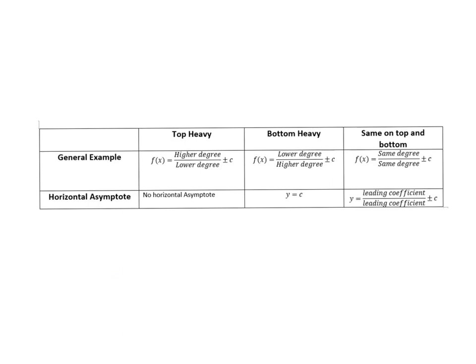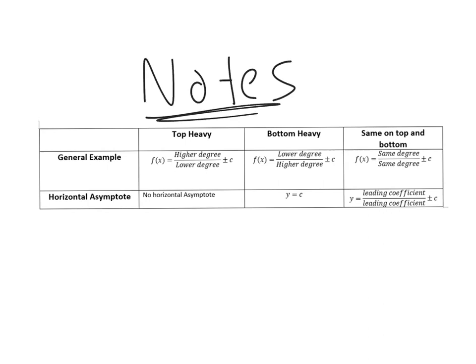Now a lot of that can be daunting to take in all at once. So this might be a really good thing to put into your notes if you're still keeping a notebook during this. You can see that when it's top heavy, meaning that degree is higher on top than on bottom, we have no horizontal asymptote.